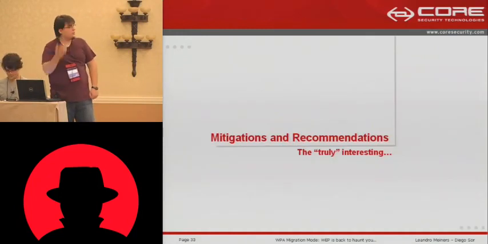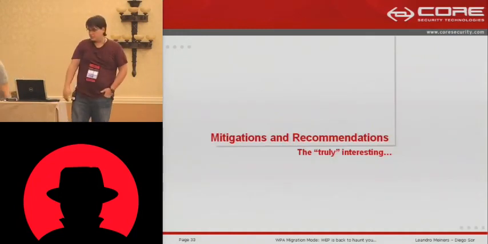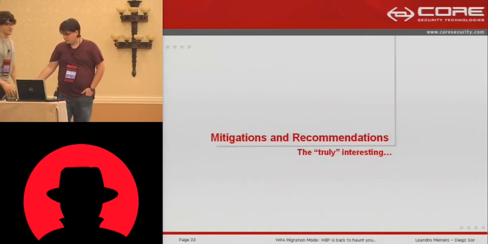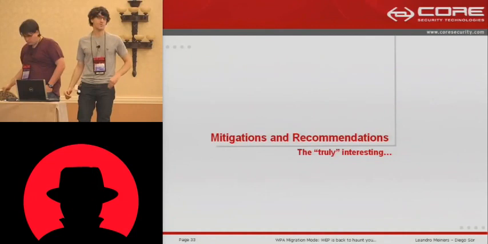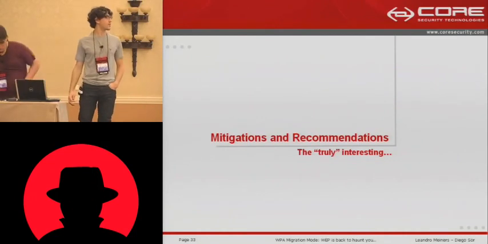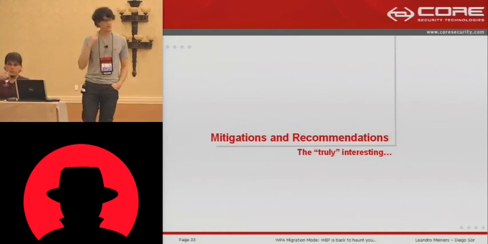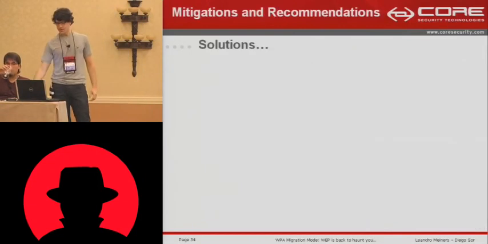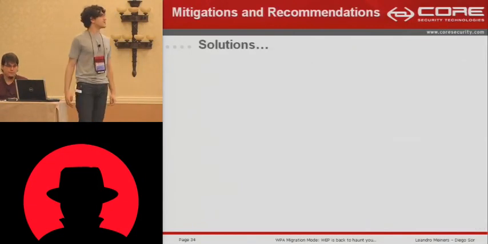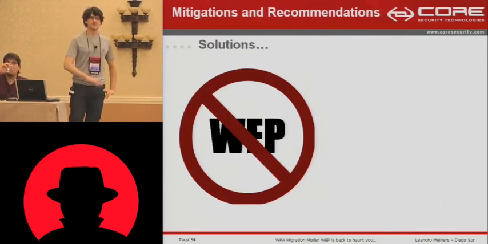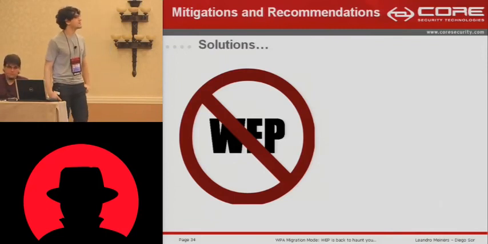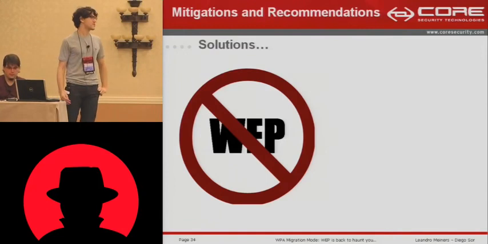So now Diego will talk about some mitigations and recommendations. So now we know that an AP running in migration mode can be attacked and the WEP key can be obtained from there. So basically, solutions. We know that WEP is completely broken, so you should avoid it and not use WEP. This is a basic solution.